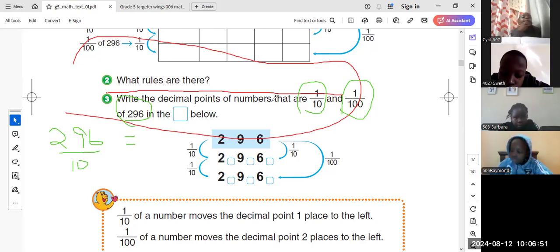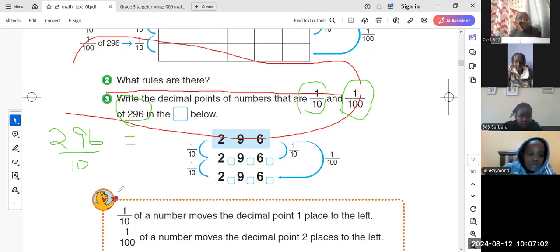Yes, Ayak? 29.6. Good. Now, here comes another rule, another technique that you should master. Remember, in multiplication we were moving the decimal place one place to the right.